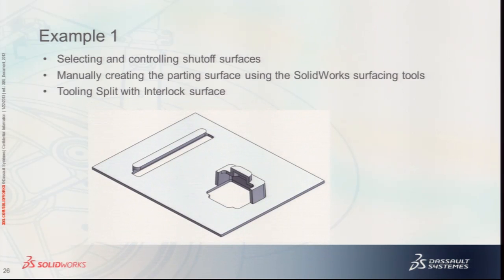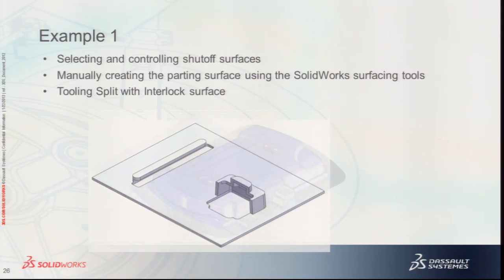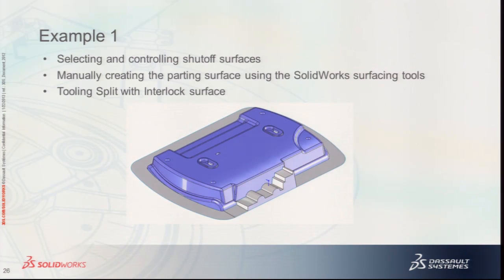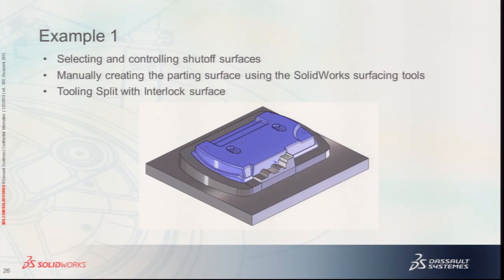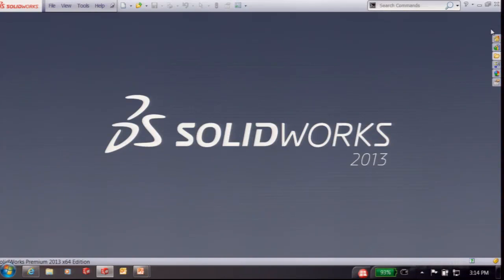And then we'll go into some more manually creating parting surfaces of odd-shaped geometry, and also show more of a complex parting line, or parting surface, that we might encounter, which then turns into an interlock, the interlock option that we can use to get it to work.